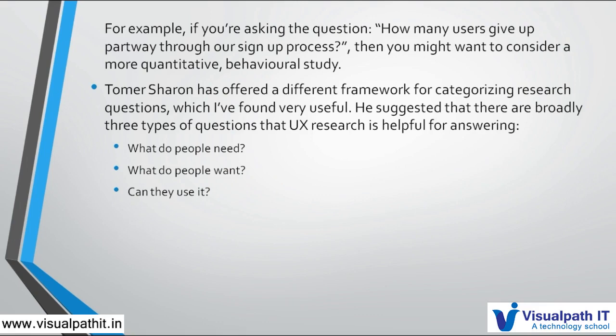Farrell Sharon has offered a different framework for categorizing research questions, which I have found very useful. He suggested that there are broadly three types of questions that UX research is helpful for answering. The three questions are: what do people need? What do people want? Can they use it?